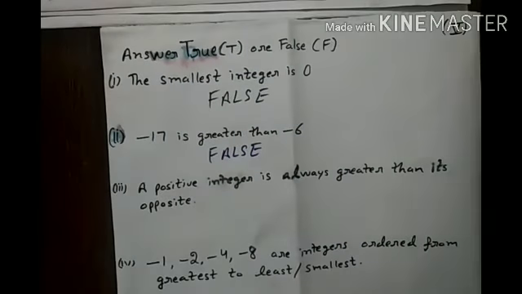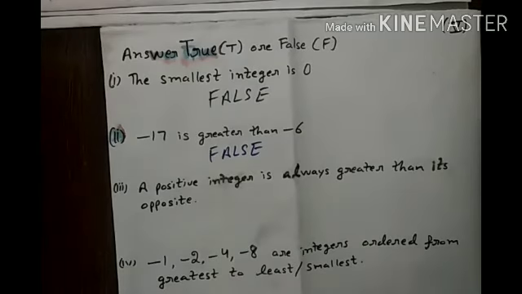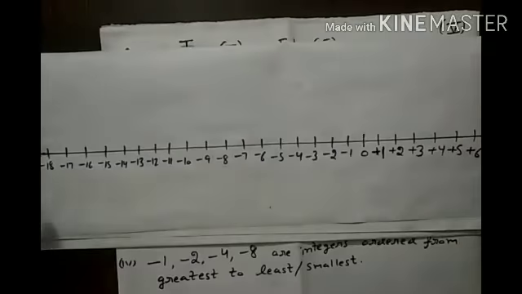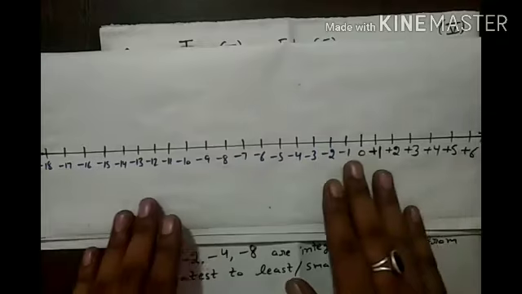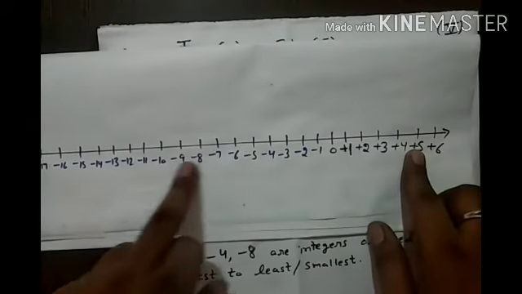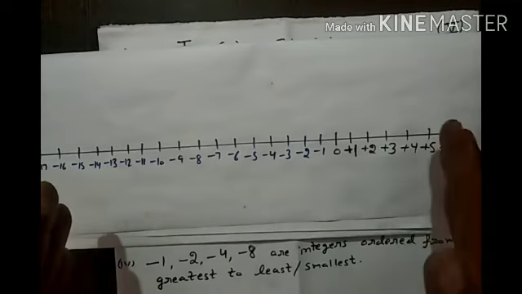Now, the third statement is a positive integer is always greater than its opposite. The opposite of any positive integer is a negative integer. And see, this is the number line. The positive integers are in black ink and the negative integers are in blue ink. You can see that all the positive integers are lying on the right hand side.